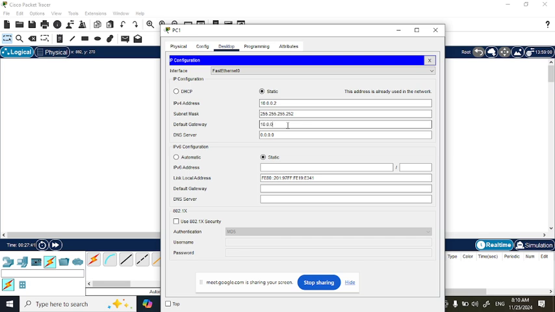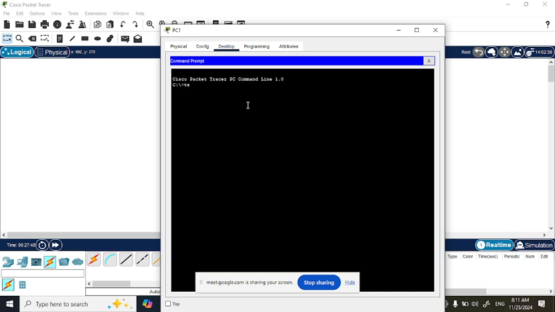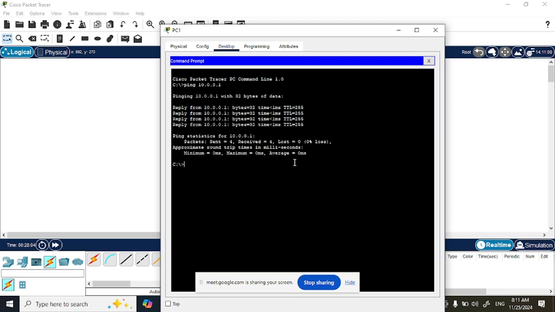Yes, sir. Now, I'm going to take a telnet access. So first of all, I will check the connection. Is it proper or not? Telnet.